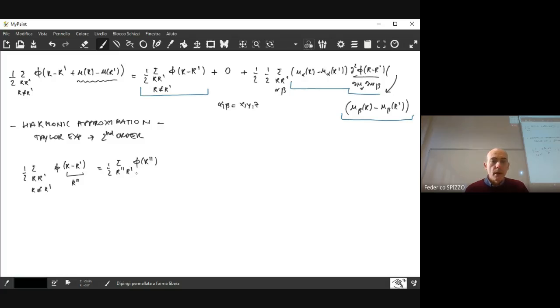So the summation over r prime gives just n times n, because if we suppose to have n ions, the number of vectors that are included in the summation is equal to n. So this is equal to n divided by 2 summation over r second, and in this case, I forgot to write here, r second is different from 0, of phi of r second.